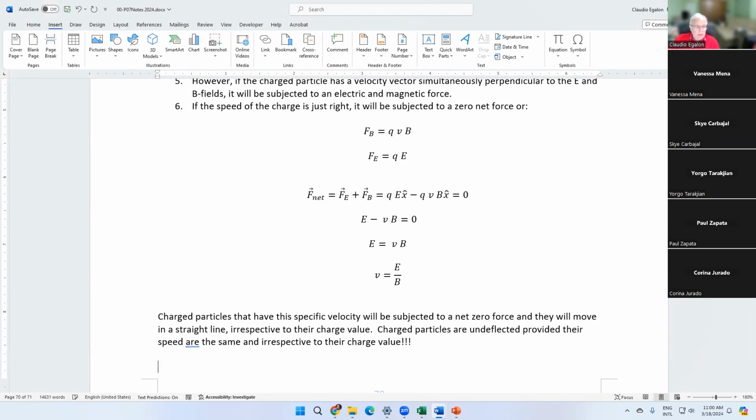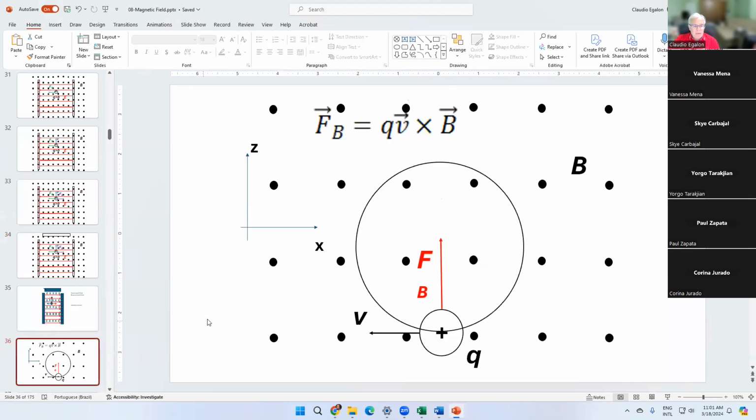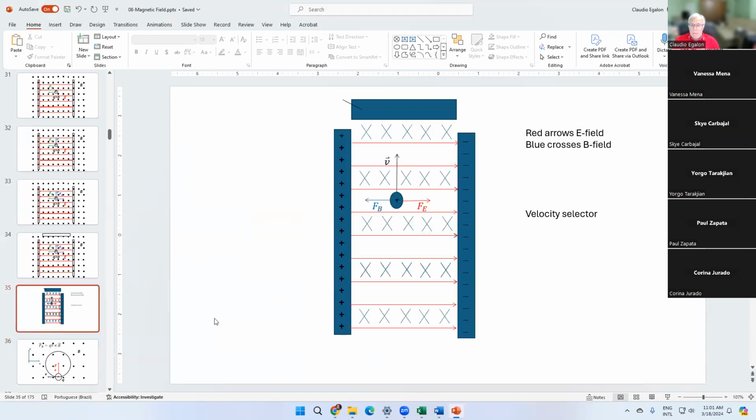Okay, and now we can start talking about the mass spectrometer. Remember that a charged particle undergoes a uniform circular motion when subjected to a magnetic field, right? Here it does not undergo a uniform circular motion because we have another force there. We have an electric force, right?